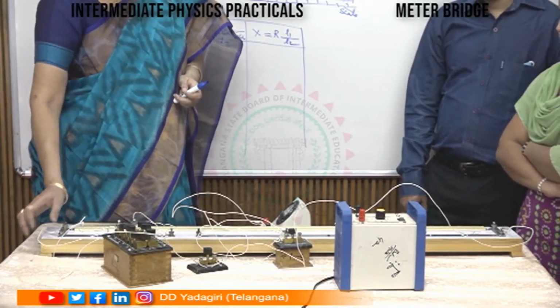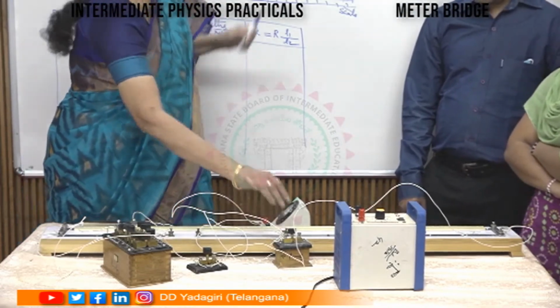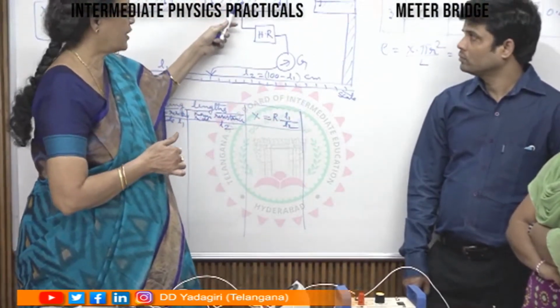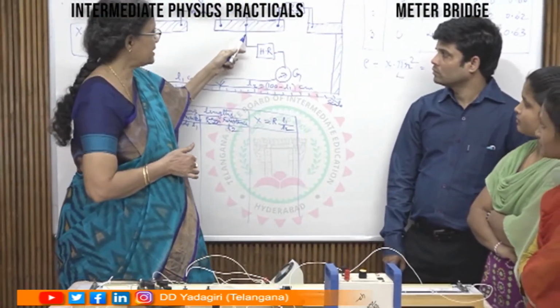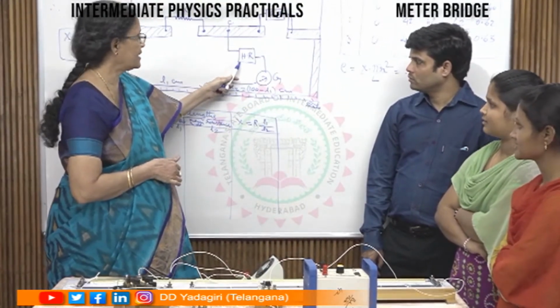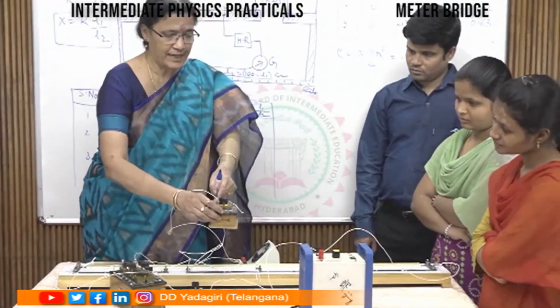This is called the L clamp. Now this is the middle of the binding. One more binding screw is provided, which we are calling C. And from C, what is connected? HR means high resistance, and the high resistance is this. It has two binding screws.